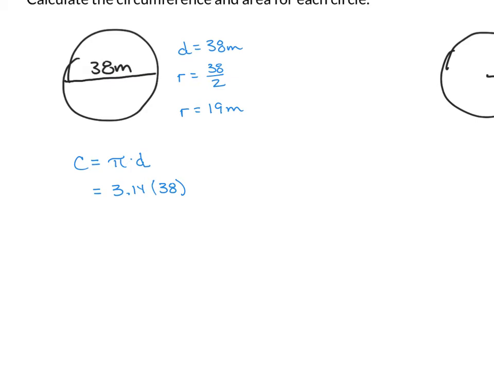Using a calculator, I'm going to multiply these two numbers together, and we get 119.32. Since it is a distance around the circle, we're going to keep regular units, so it's going to be 119.32 meters.